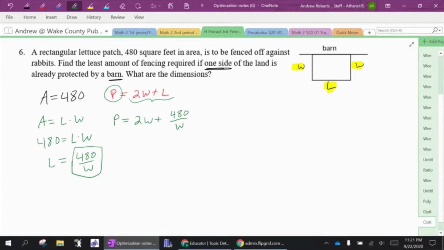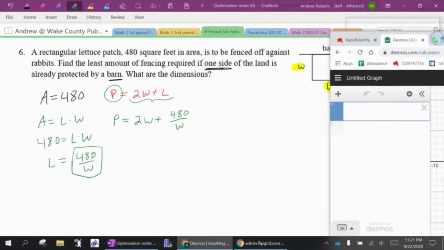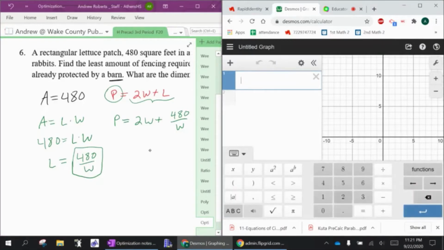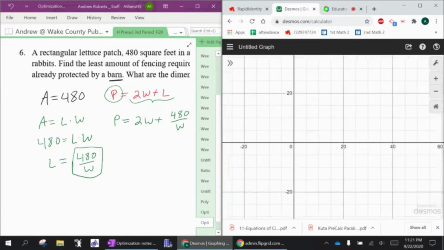Now, you can use your graphing calculator. I'm going to be fancy, and I'm going to use Desmos. And so for Desmos, the equation is 2W, or W is my x, so 2x plus 480 divided by x. Okay, so that has been graphed, and so I'm going to come over here and see if I can find it.